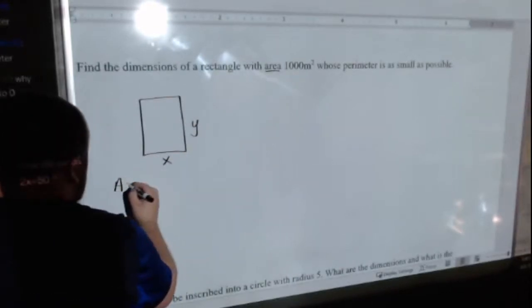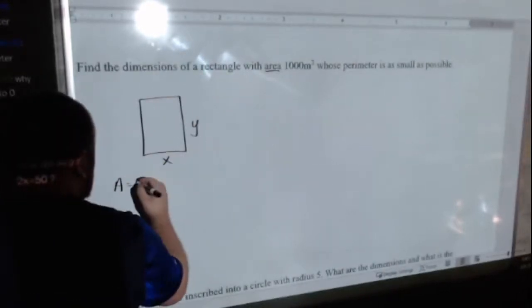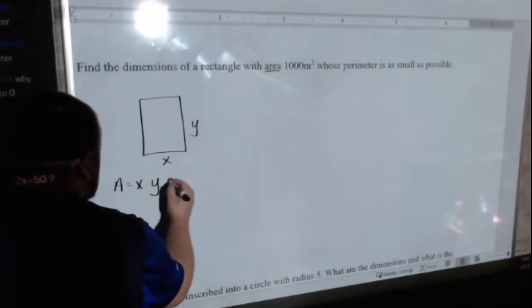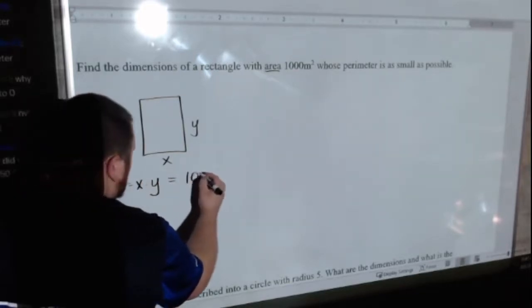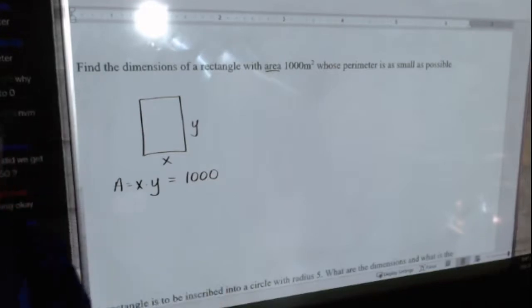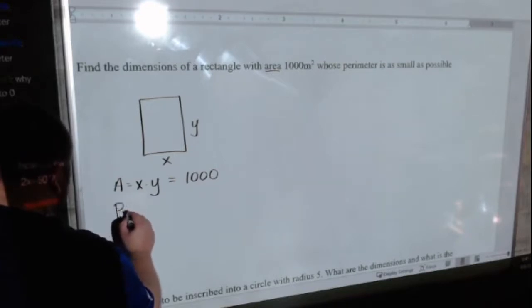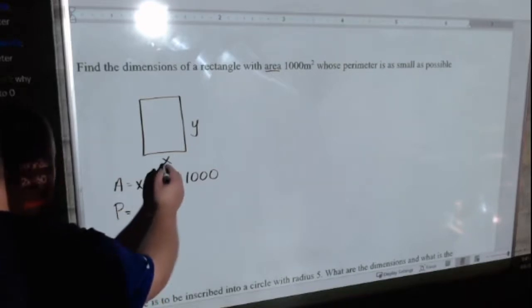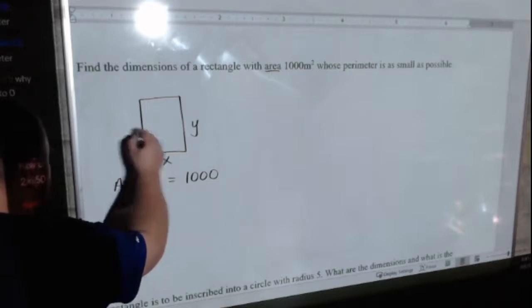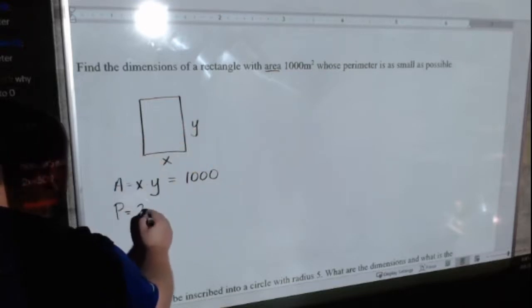The area is equal to length times width, or X times Y, and that's got to equal 1,000. Then it asks us to minimize the perimeter. So perimeter is going to be 2x and 2y added together.